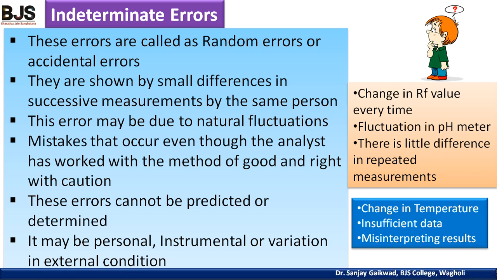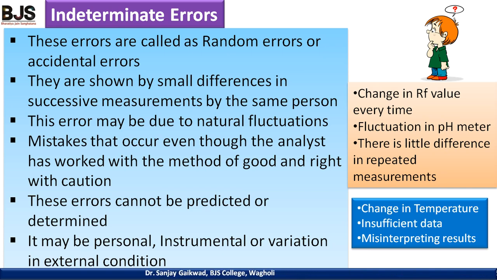Now for example, a change in Rf value every time. The same student measures the Rf value, but every time he observes that a very small change occurs. Now this is a random error. Then fluctuation in the pH meter, because the glass electrode is very sensitive. Even if you blow air from your mouth, it immediately affects the pH of the solution.